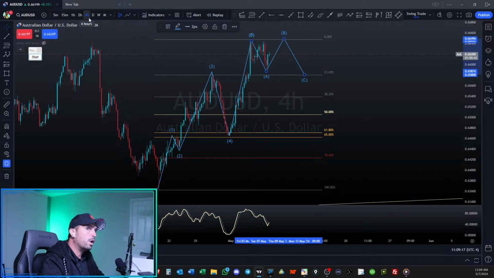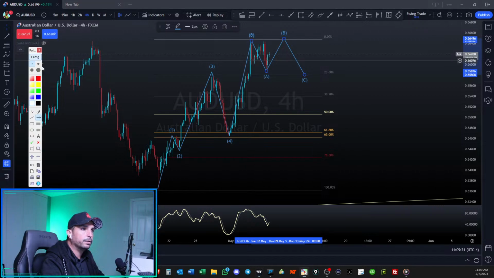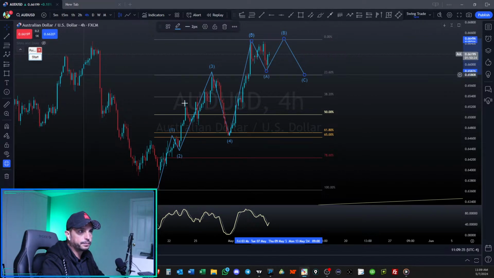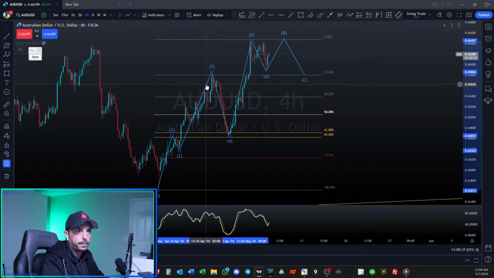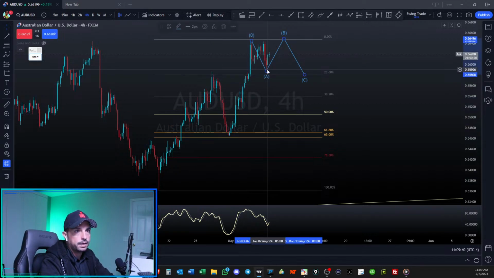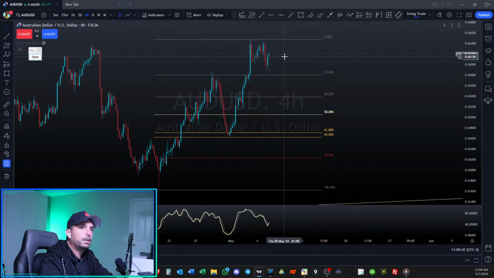But this is on a 4 hour, so it means if this plays out, it's an upper move right now, at least into the top. Check this out. That's Elliott waves.